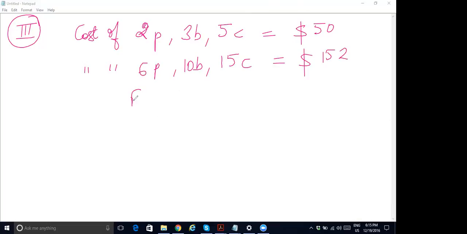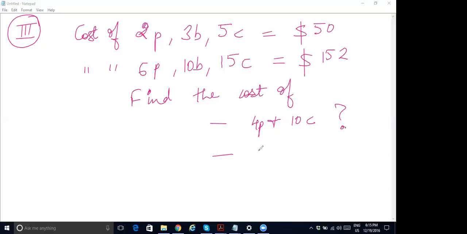Now you have to find two things. Find the cost of 4 pizza and 10 coke, and 8 pizza and 8 coke.